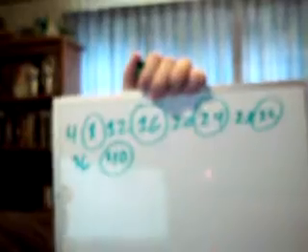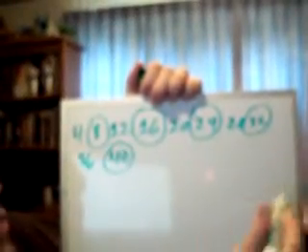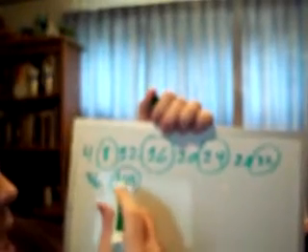So now you got the first 5 answers of 8. 8 times 1 is 8, 8 times 2 is 16, 8 times 3 is 24, 8 times 4 is 32, and 8 times 5 is 40. Well, you add the 40 plus 8, you get 8 times 6. Add the 40 plus 16, you get 8 times 7. Add the 40 plus 24, you get 8 times 8. Add the 40 plus 32, you get 8 times 9, and you add the 40 plus 40, you get 8 times 10.